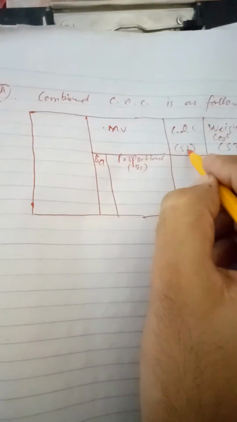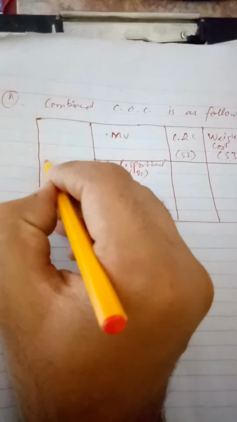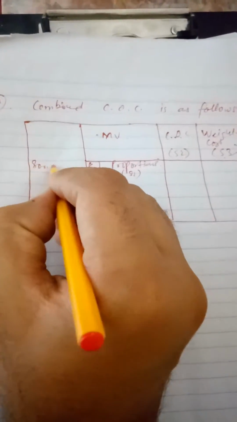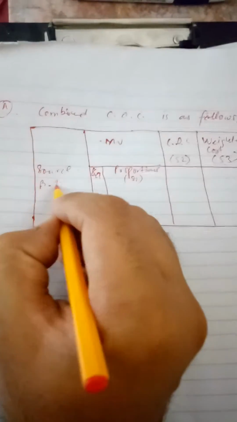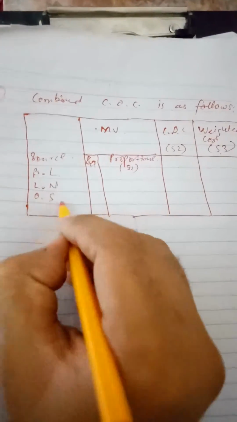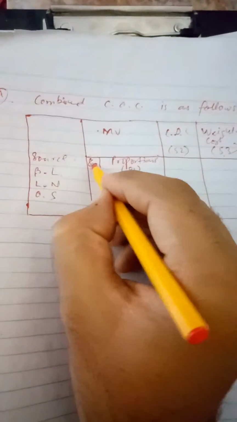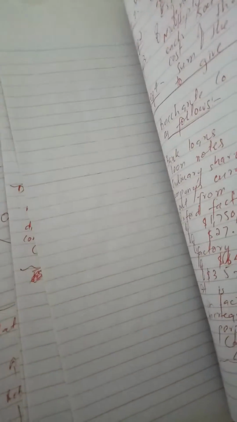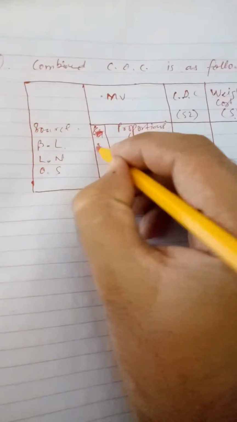Step 1, cost of capital, weighted cost, and this is the source, which are bank loans, loan notes, ordinary shares. So that would be what? MV is 5, 6 and 39. Step 1 is the proportion.